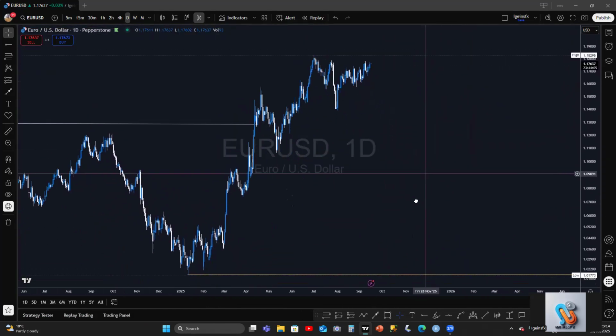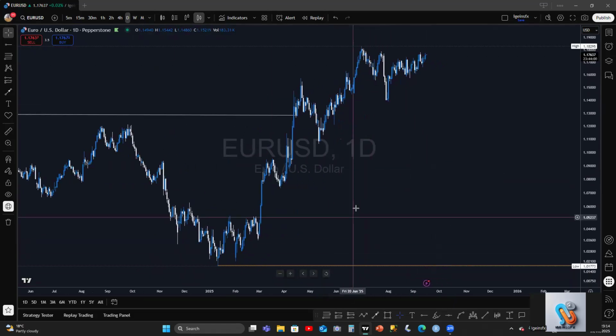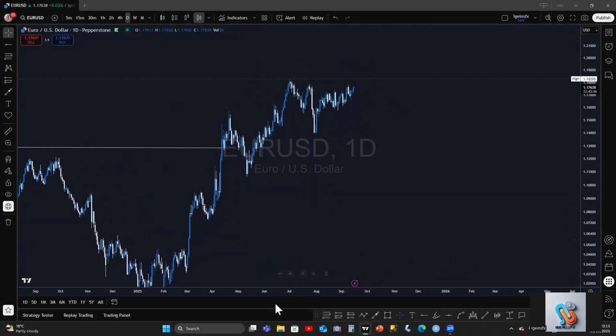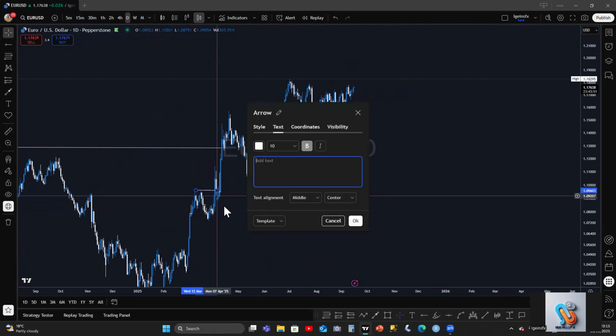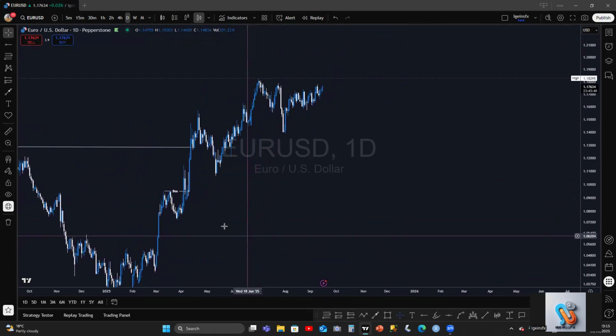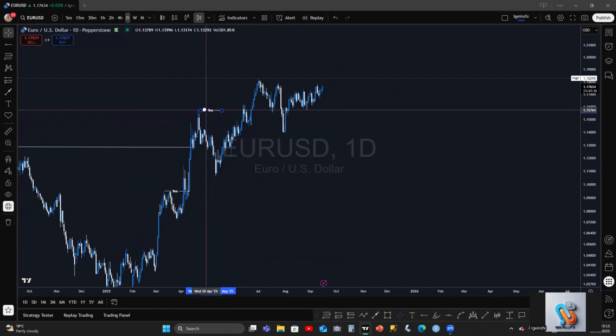At this point, this is the daily time frame. If you read the structure of the daily time frame, you will discover that there is a break of structure here, and there is a break of structure here.